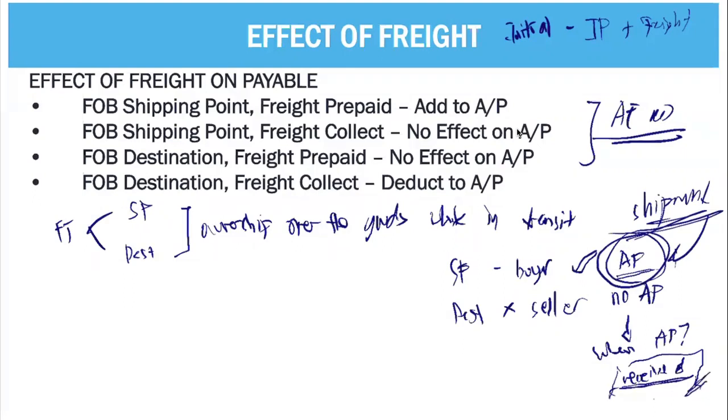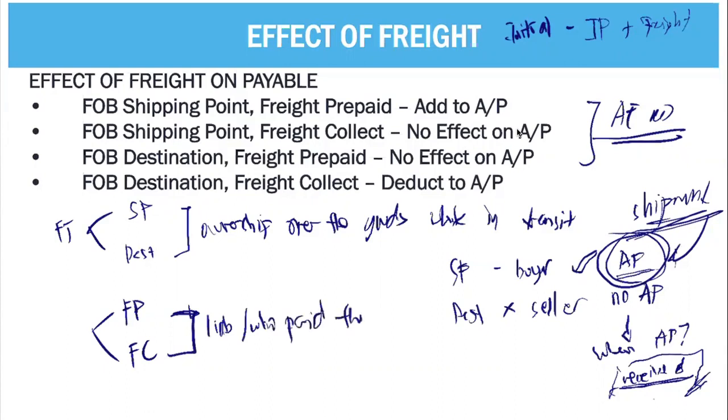Clear? Another freight term is as to your freight prepaid and freight collect. Freight prepaid and freight collect talks about the liability or who paid the freight charge. When we talk about freight charge, this is the freight cost or the shipping fee.